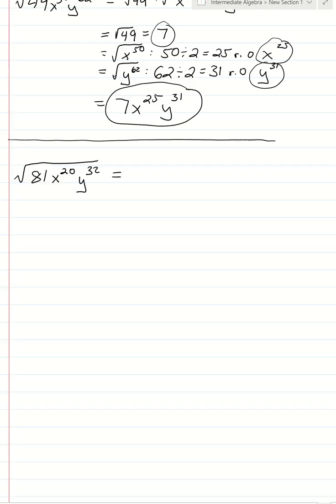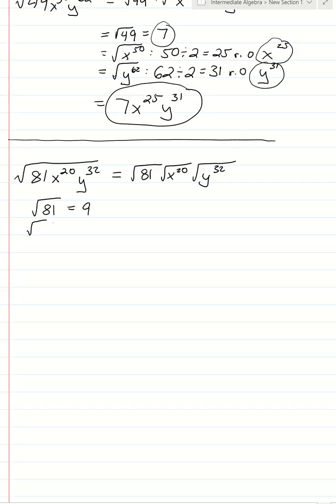Well, if we were to break this up using that distribution property, the square root of 81 times the square root of x to the 20th times the square root of y to the 32nd power. Now let's do each one individually. The square root of 81 is just 9.